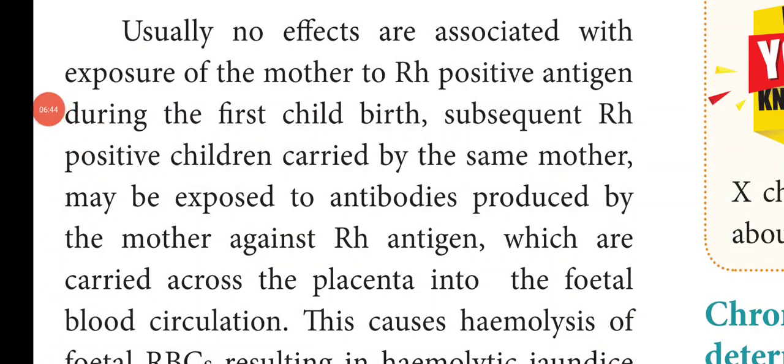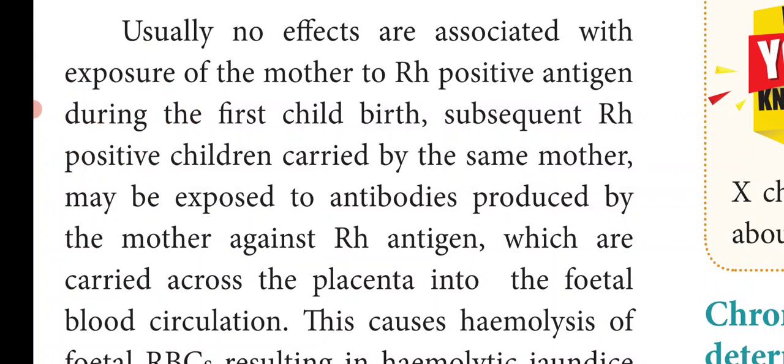Usually no effects or no problems are associated with the exposure of the mother to the Rh positive antigen during the first childbirth, because the child is delivered before the mother's anti-D antibodies enter into the fetal circulation. The fetus is delivered, so there is no issue. But if the mother gets pregnant for the second time, that is called subsequent Rh positive children.